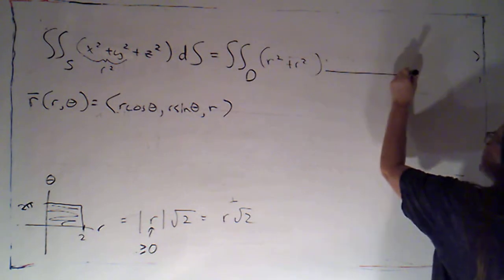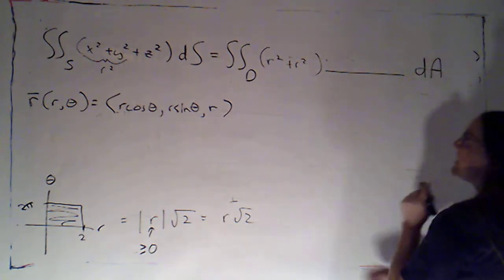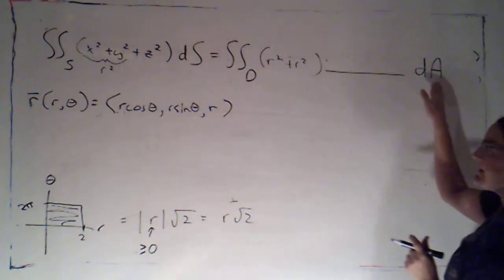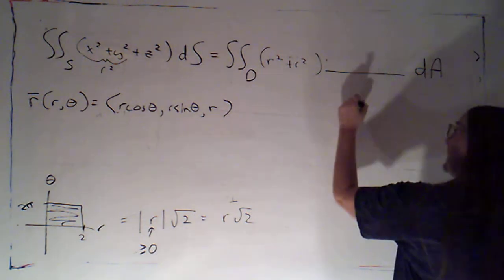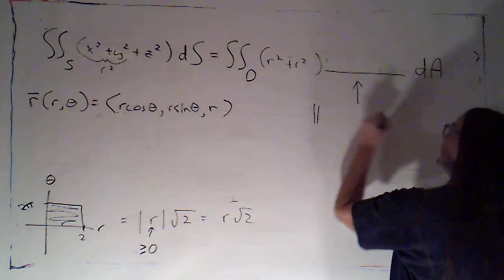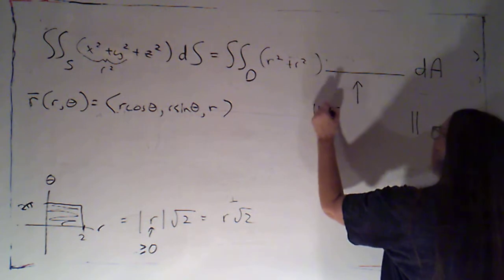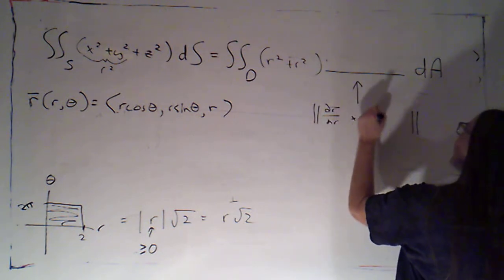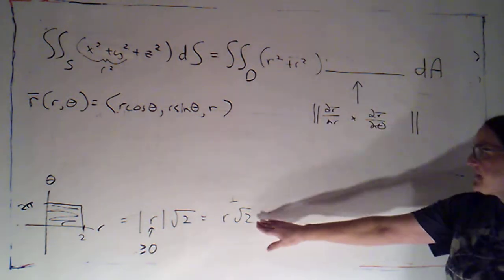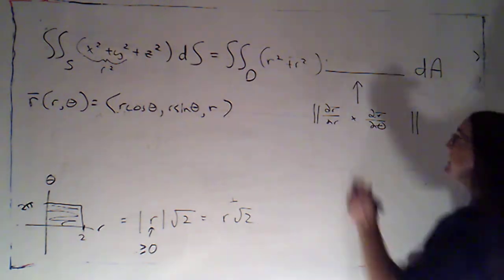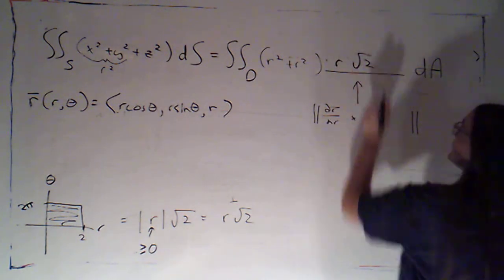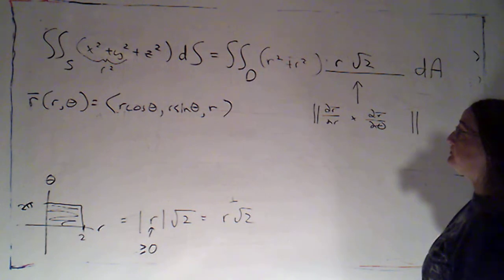And then I'm going to get my scaling factor that allows me to switch from dS to dA. And that scaling factor for a surface integral is the magnitude of the cross product of those two partials. And that's what we had just calculated. That was r times the square root of 2.